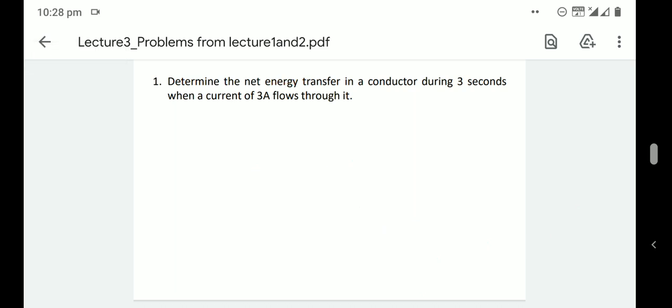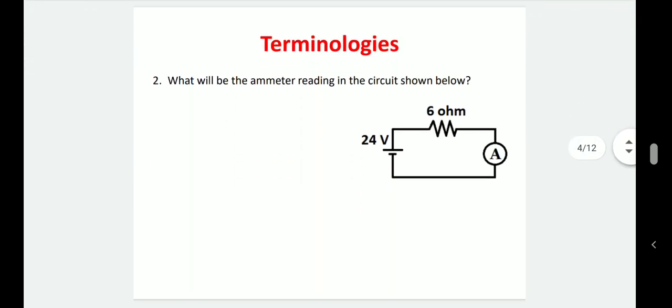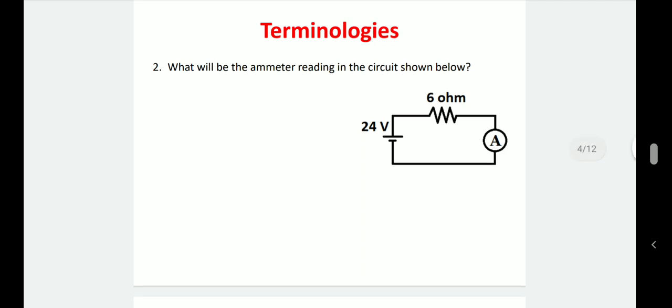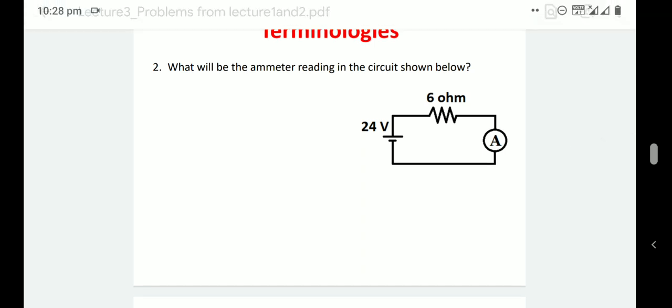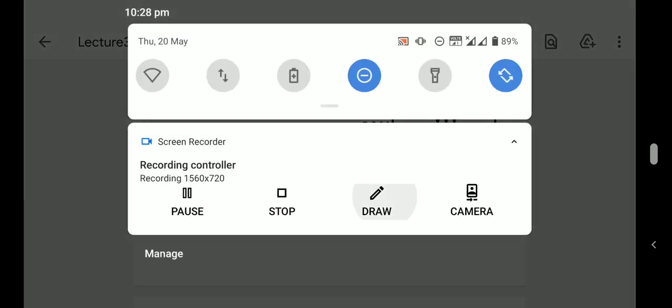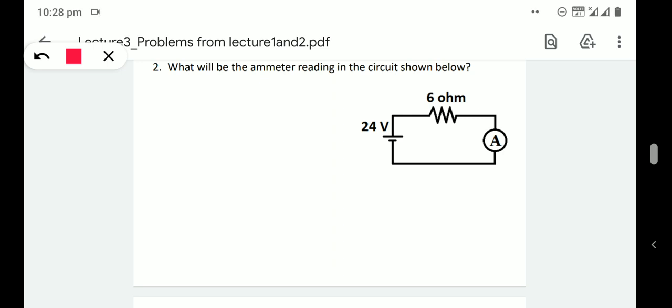Then the next problem: what will be the ammeter reading in this circuit? We know that an ammeter is an equipment used to measure the current in a circuit. So the ammeter shows the magnitude of current flowing through this circuit.